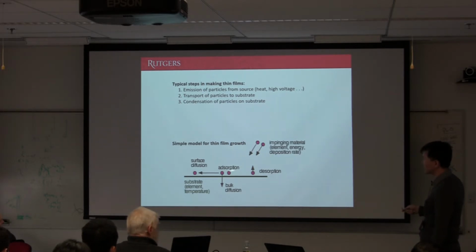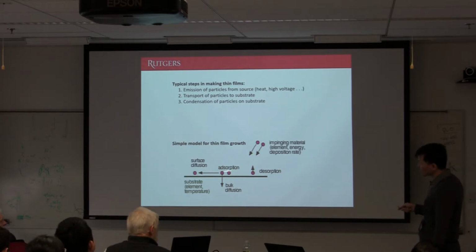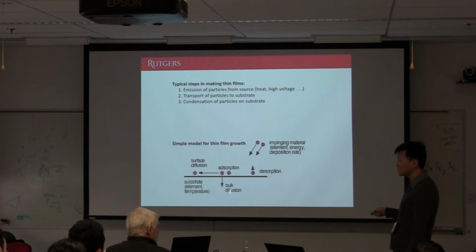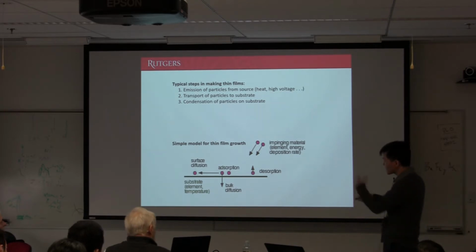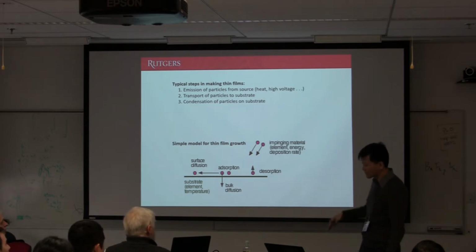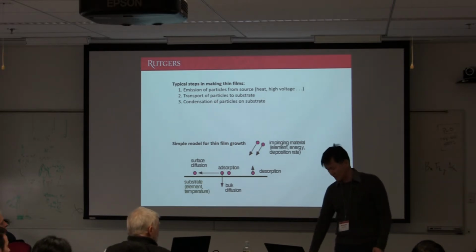The material is coming in, surface diffusion occurs, some adsorption should occur first, and sometimes it gets desorbed if the temperature is too high, or sometimes it can also diffuse into the bulk. So this whole thing is happening in some dynamic way, and you have to understand what's happening on the surface to control your growth.